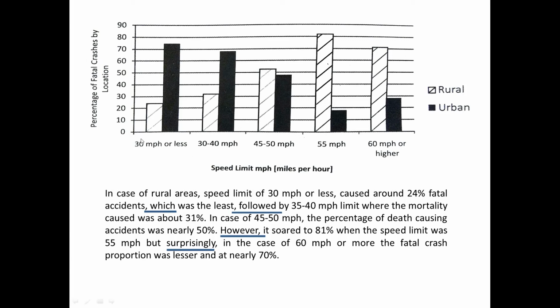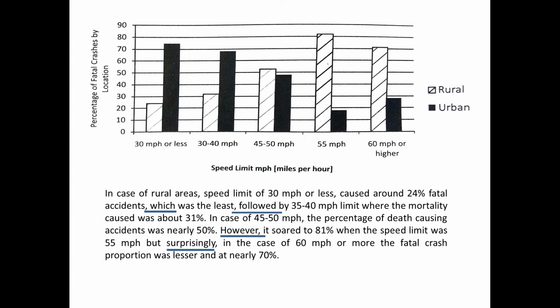So here from 30 mph to 55 mph we have seen a continuous increase in the percentage of fatal crashes, but then at the end we have seen a decrease. So we can write that surprisingly, in case of 60 mph or more, the fatal crash proportion was lesser, at nearly 70%.